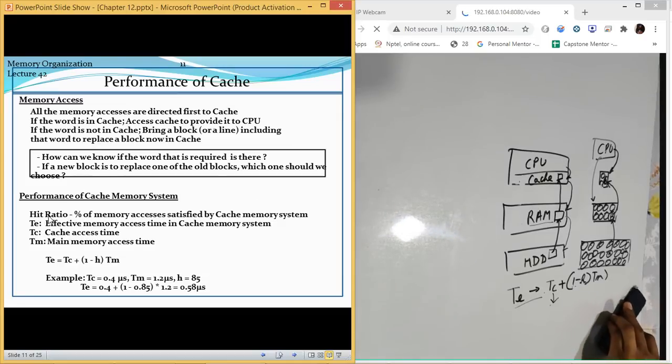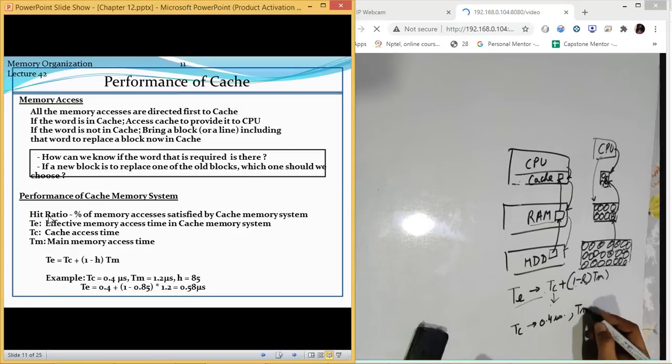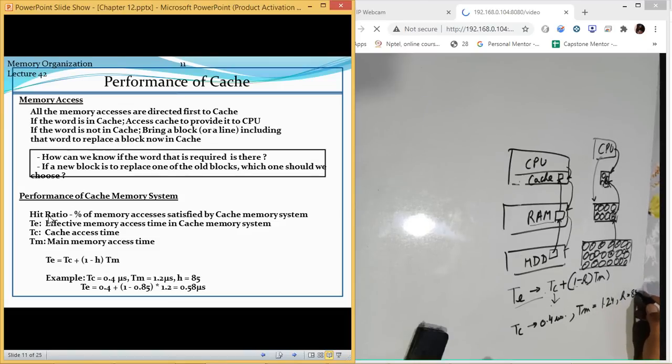So in this example which we are using, we have the value of Tc equal to 0.4 milliseconds. Time to access memory is 1.24 and the hit ratio is 85, or you can say this is the percentage of times it was able to find the data inside the cache. 85 represents 85%.